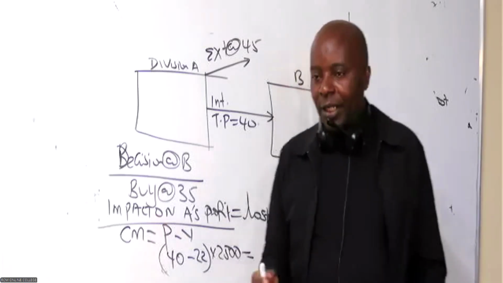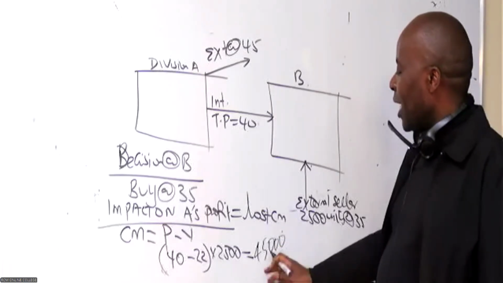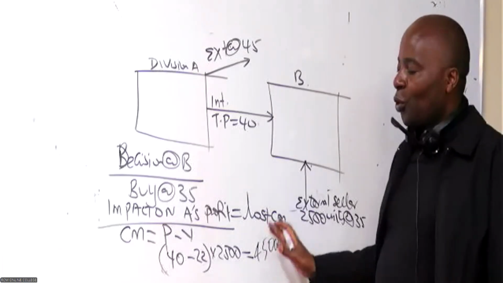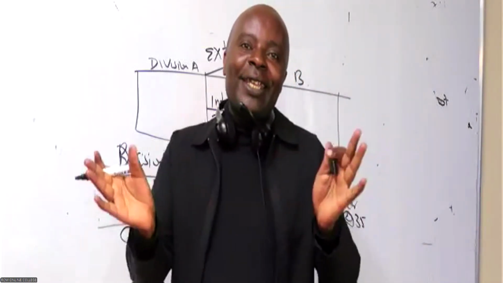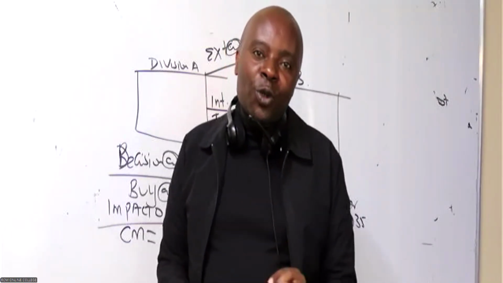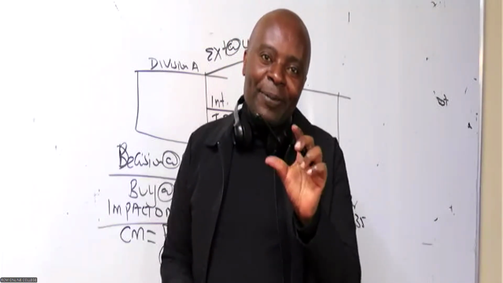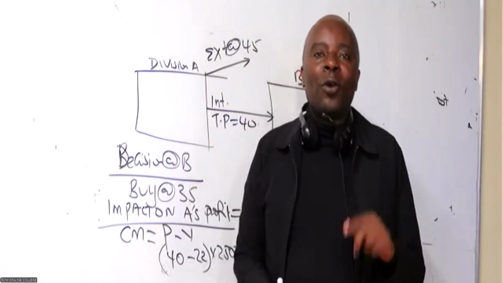What, 5,000? 45,000. So this 45,000, ladies and gentlemen, is what we shall lose as A. If we sold the 2,500 units to B, the selling price would have been 45, the variable cost would have been 22. I would have gotten that contribution margin times the number of units that we are now not able to sell.